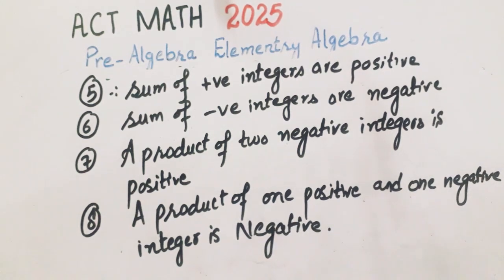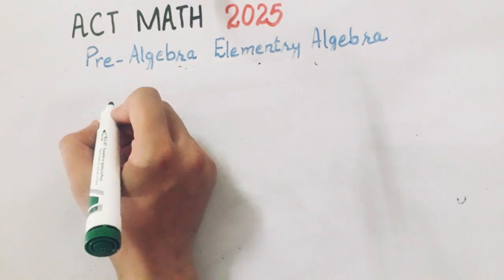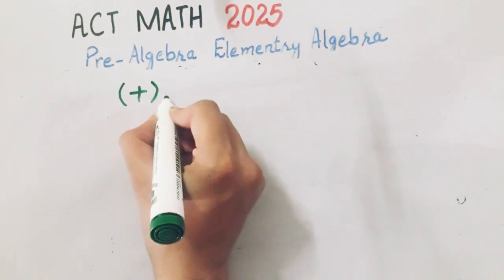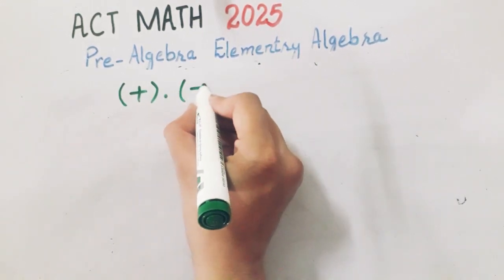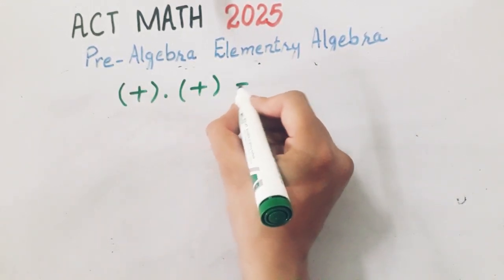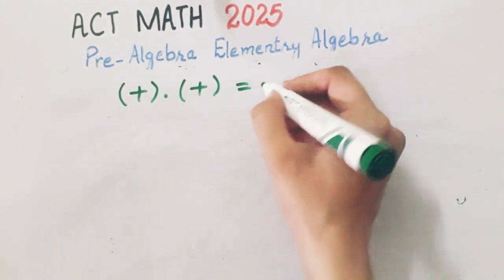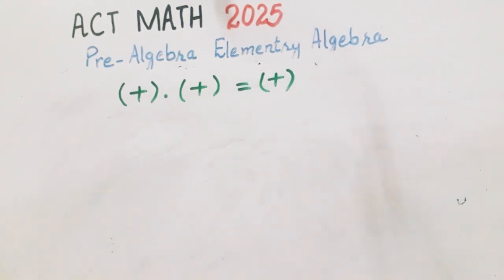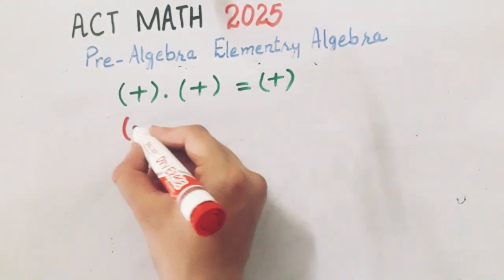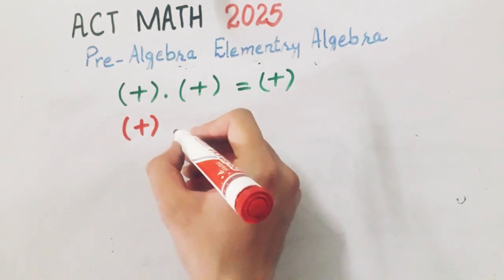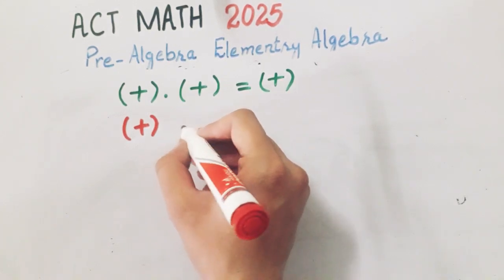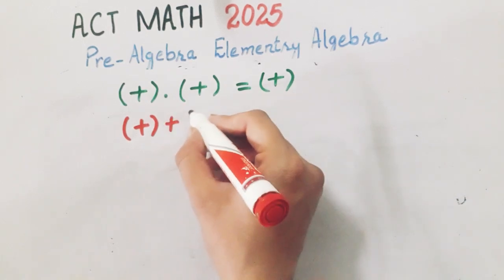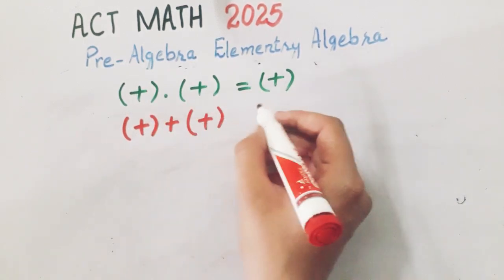You can also understand by drawing a table. So this is an important table. Plus and plus, when both are multiplied, is equal to plus.